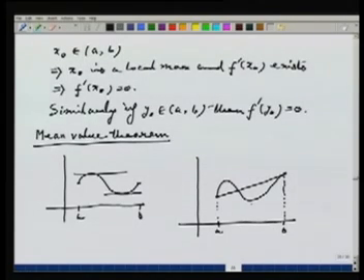From the picture I can see that there are points, for example, if I look at the tangent here or the tangent here, they are parallel to the line joining these 2 points. Now how do I explain this geometrically in terms of the derivative? That is what the mean value theorem is all about.